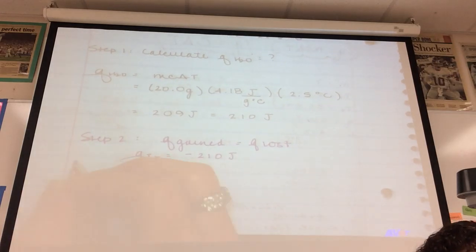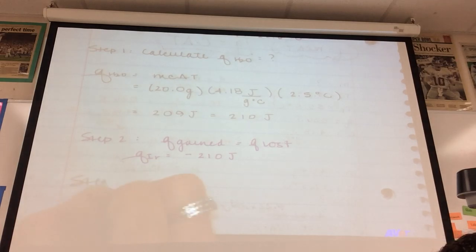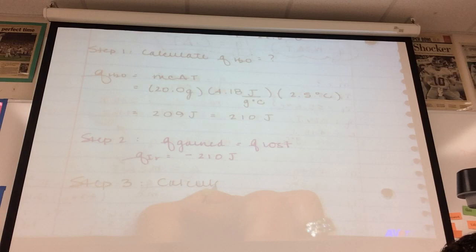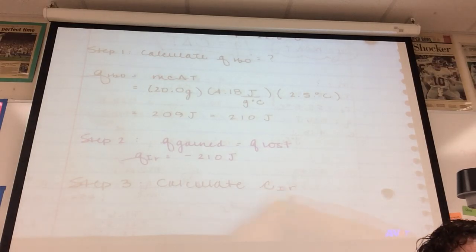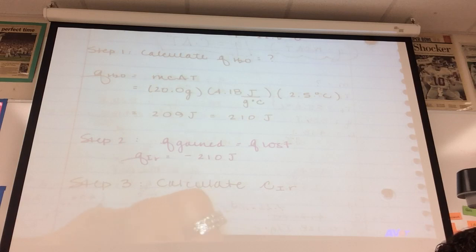And then finally, in step 3, you're going to calculate the specific heat of the iridium or unknown substance. We know that Q is equal to MC delta T. Usually on a lowercase c, I'll make it script sometimes so that it's easier to follow.